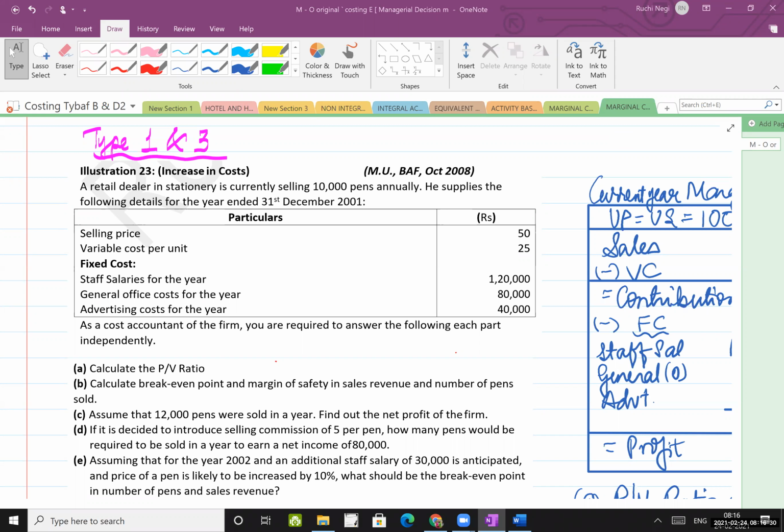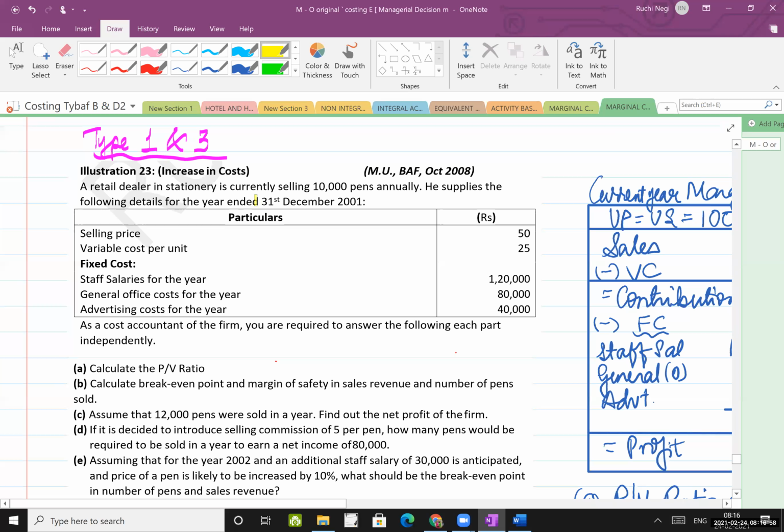They will tell you that in future there is going to be a change in the units produced or sold, change in the fixed cost, change in the variable cost, or change in selling price. Something or the other information related to either increase or decrease in the cost will be specified. So that's type 3. So in this question there is a combination of both. So let us start.